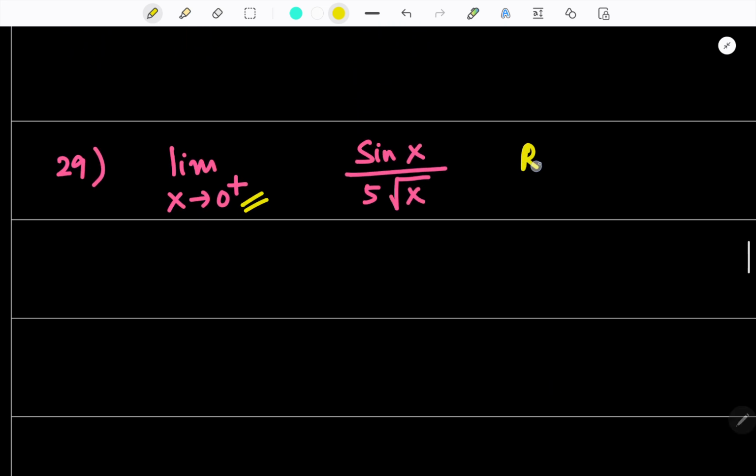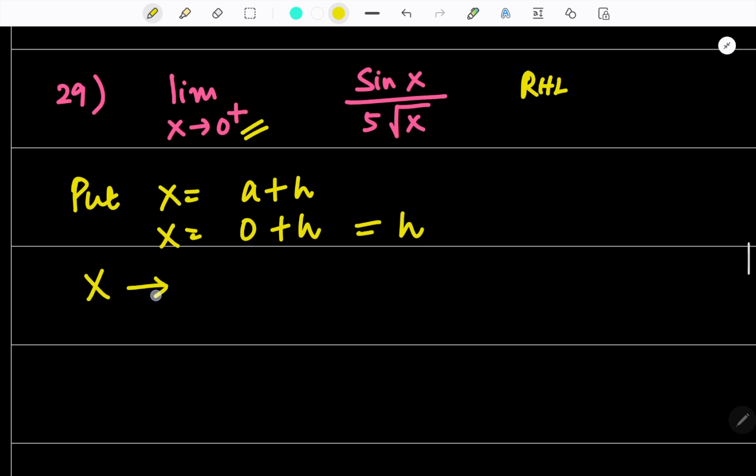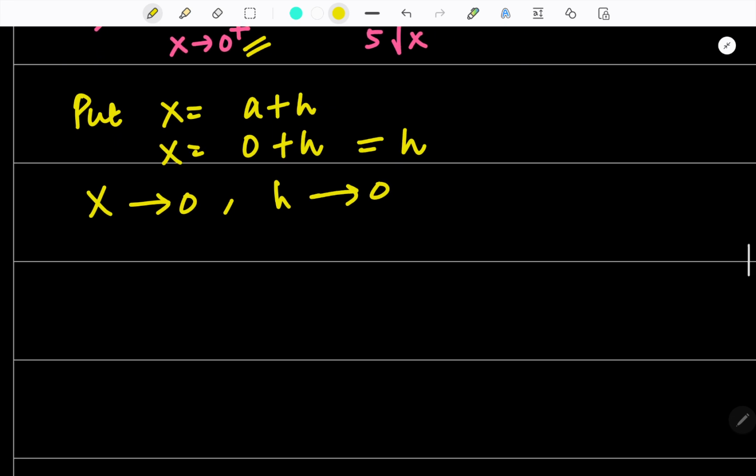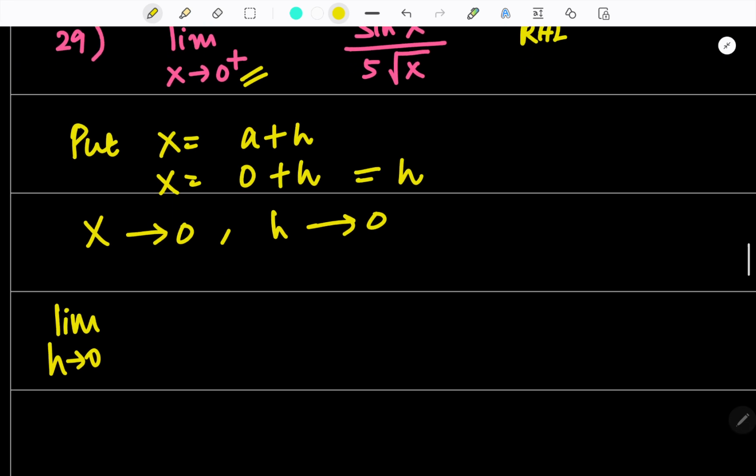This is also a right hand limit. So put x is equal to a plus h. A is what? Your limit point, 0 plus h, which is equal to h. So it means when x tends to 0, h goes to 0, right? So now we have to do the problem with limit h goes to 0. When h goes to 0, you have to change everything in terms of h.